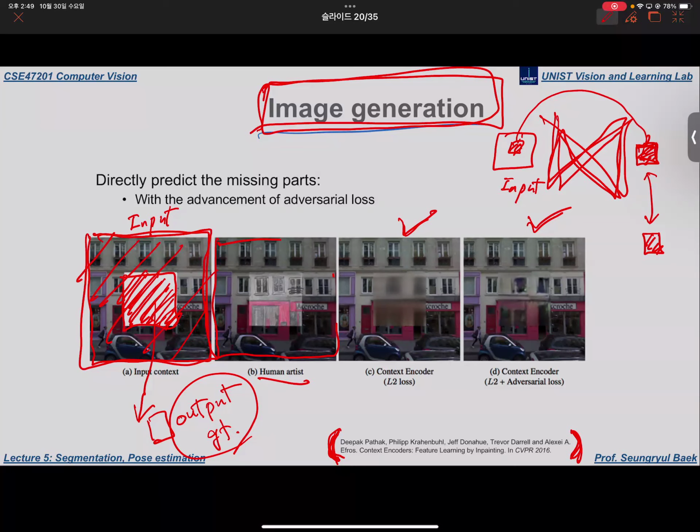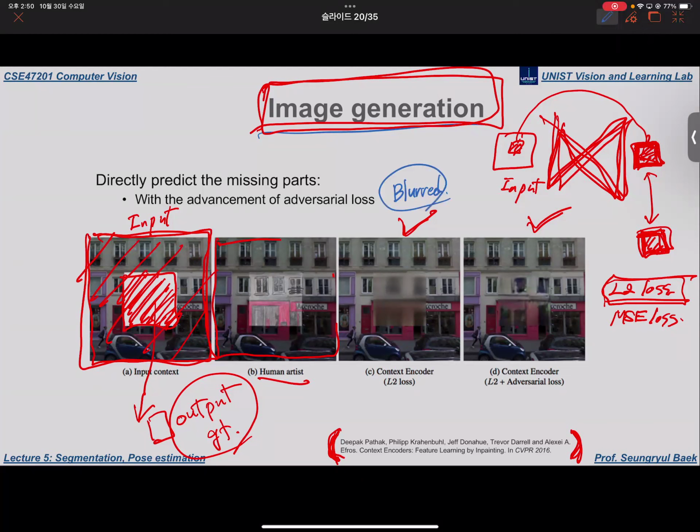One more thing: you already learned about the L2 loss, which is the MSE loss that enforces this encoder-decoder architecture to estimate a patch that is close to the ground truth patches. That is what we achieve when we use the L2 loss. The thing is, when you use only the L2 loss, you can feel that the patch quality is not bad, but somehow blurred.